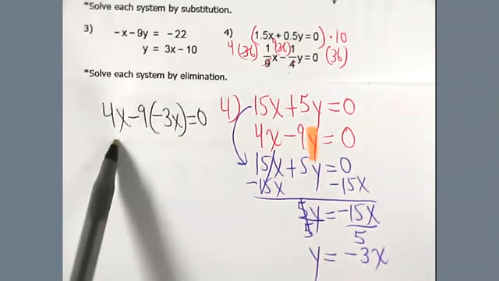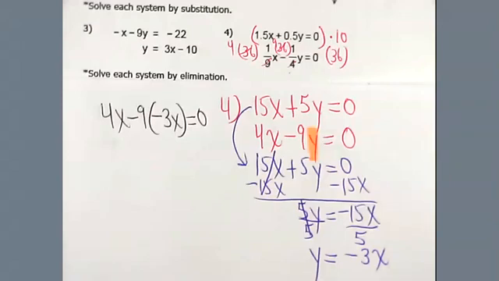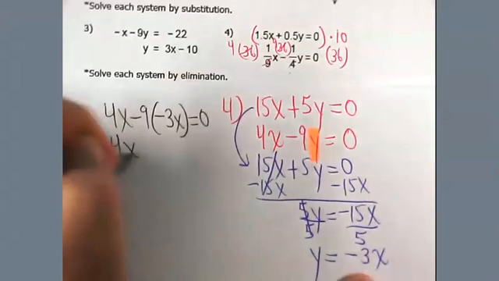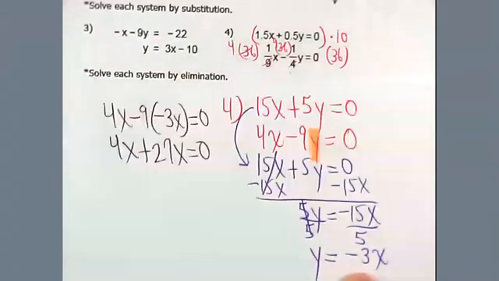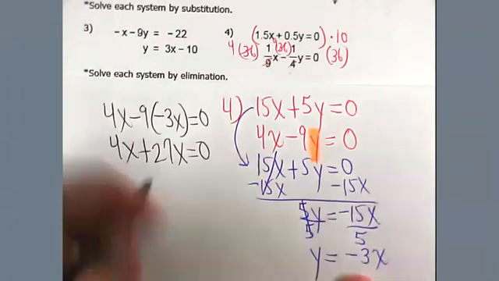Now, you guys know a negative times a negative is a positive. So that would give us a positive 27x. When we combine the x's, that gives us 31x equal to 0.